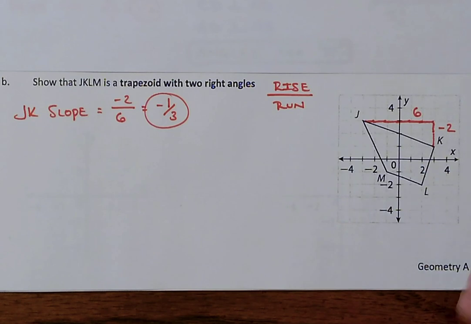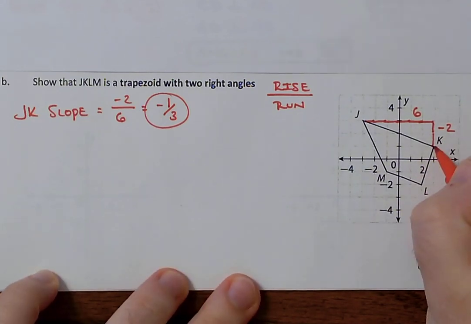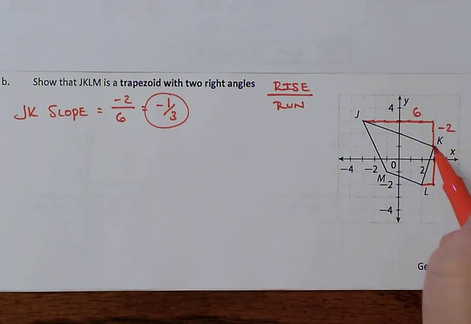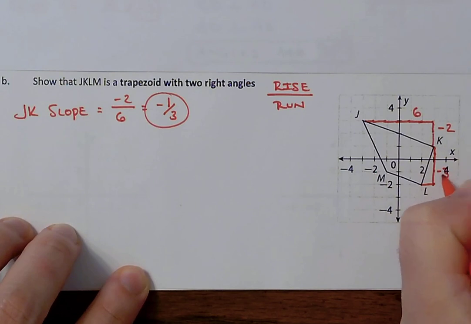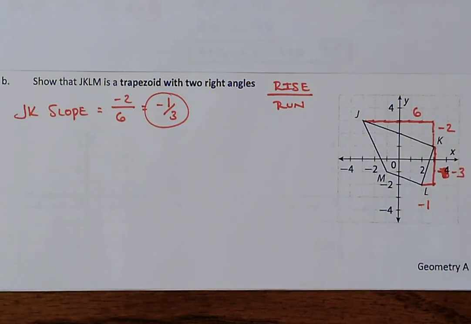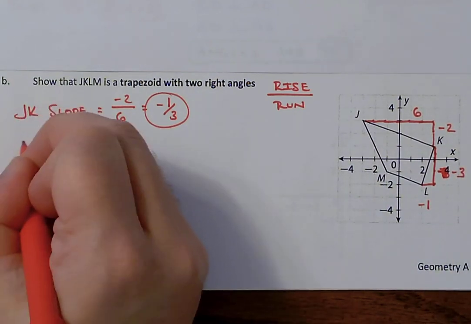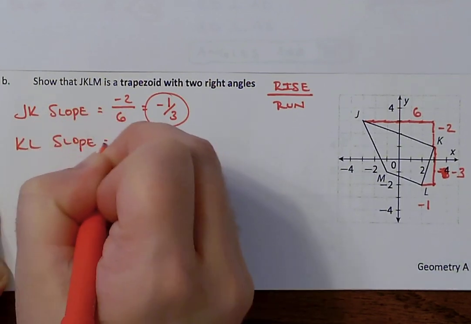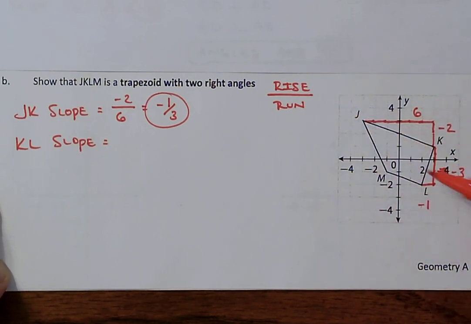All right, next for KL, we need to figure out the path from K to L, how much we go up or down, and then right or left. To get from K to L, we go down 1, 2, 3, and then we go to the left 1. So we go down 3 to the left 1. So that means my slope for KL, again, thinking rise, how much did we go up or down?